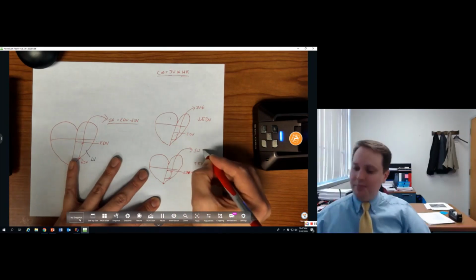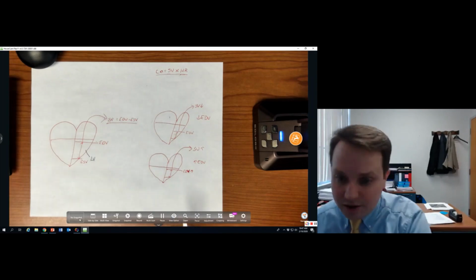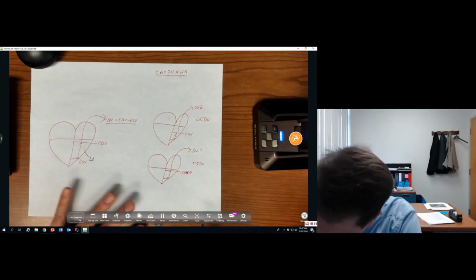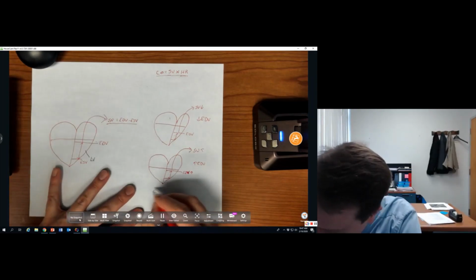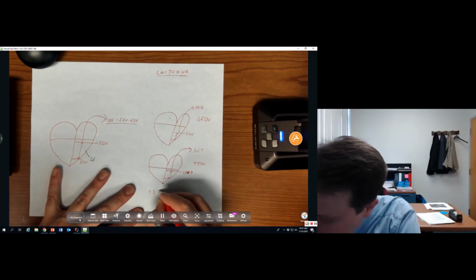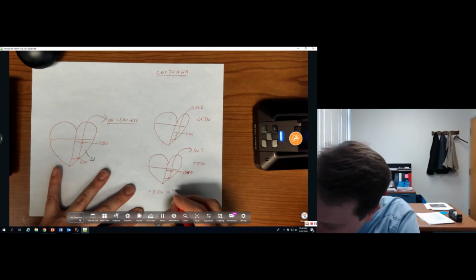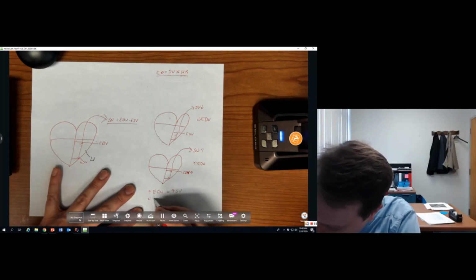Okay? So, you will notice that an increased EDV equals an increased stroke volume, and a decreased EDV equals a decreased stroke volume.